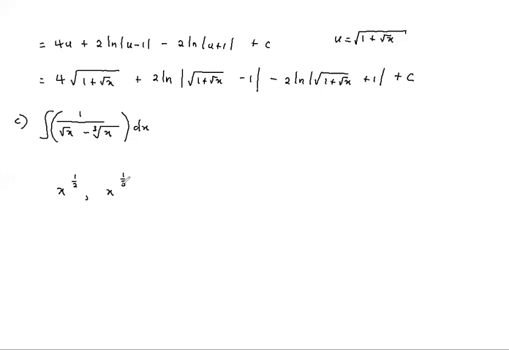So we know that for 2 and 3, the closest one is 6. So let u be equal to x to the power 1 over 6.